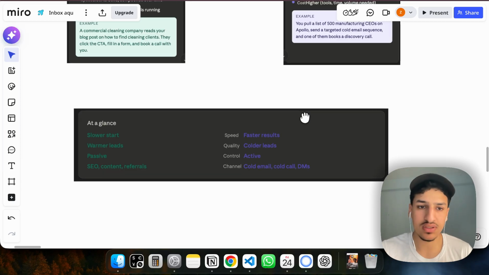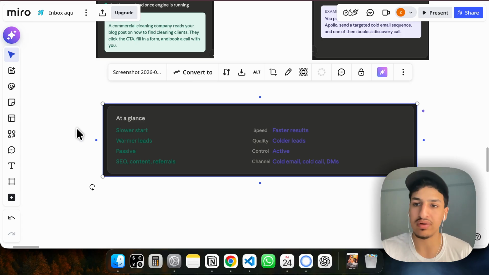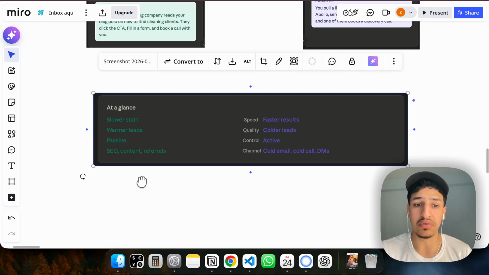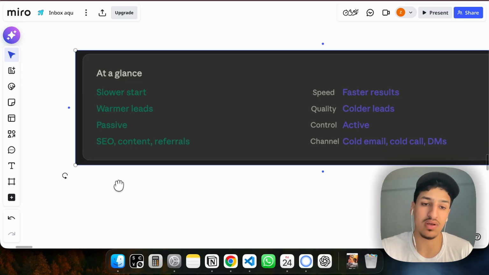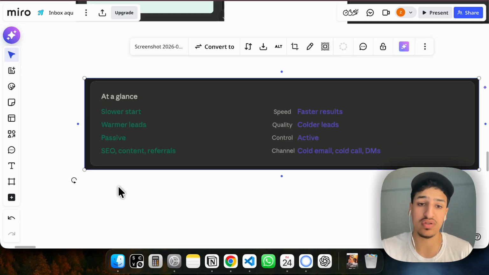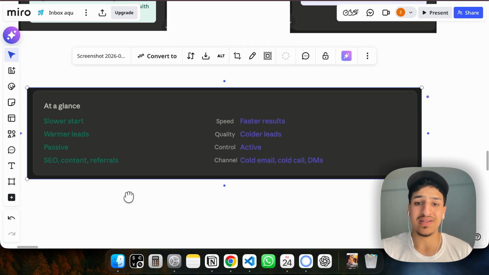The key difference between inbound and outbound leads is that inbound is slower to start but gives warmer leads. Like I said, they come to you, they are interested, they want a solution, and it's passive. Examples of inbound leads are SEO, content, and referrals.